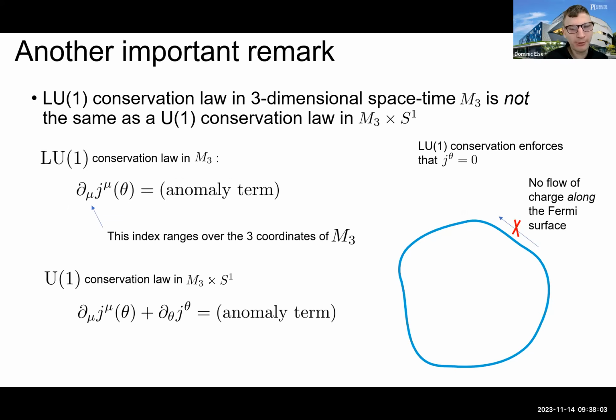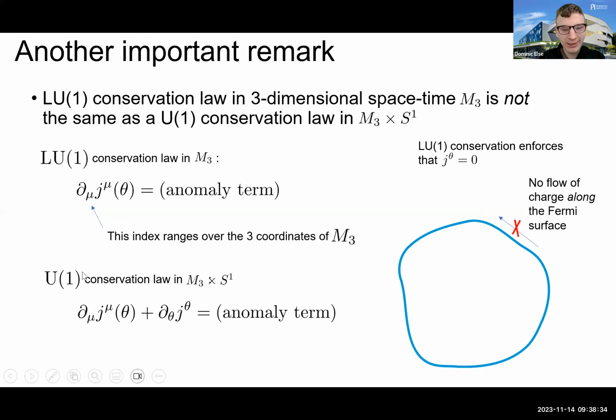And then another important point is that although we had this formal equivalence between the gauge fields, here I'm really making statements about the dual quantum field theory. If you said that the dual quantum field theory had a global LU1 symmetry, which is to say there's a conservation law on some 3-dimensional spacetime, that's not the same as saying that the system lives on a 3-dimensional spacetime times the circle, and that you have a U1 conservation law on that higher dimensional space.